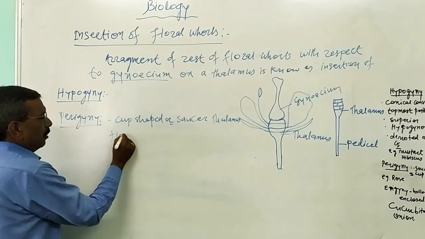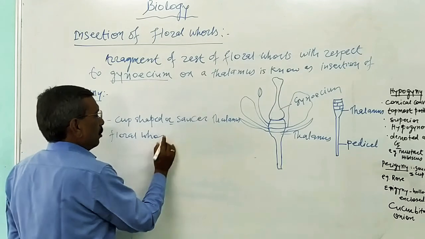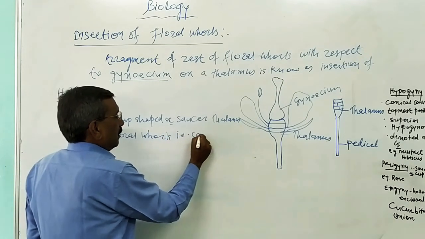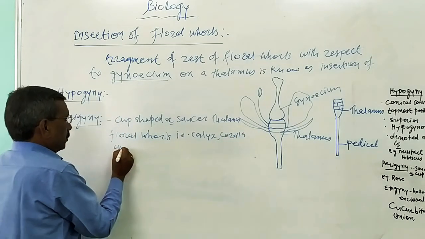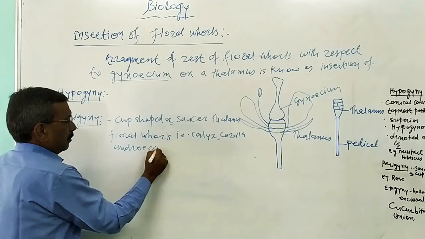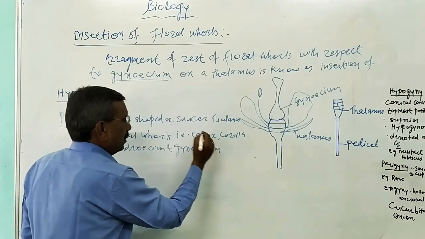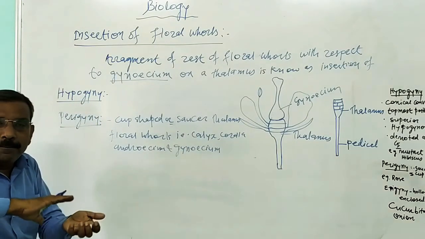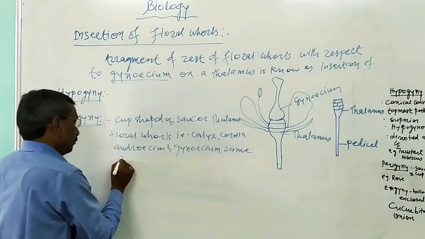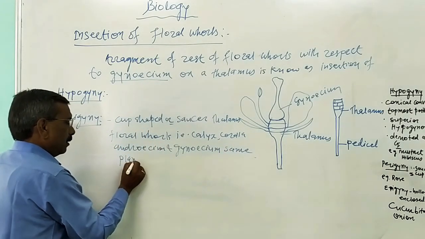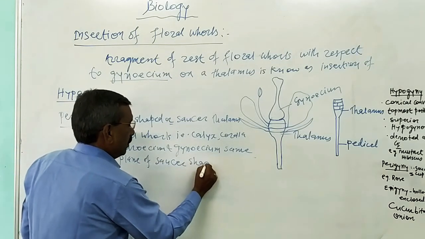Then the floral whorls, that is calyx, corolla, androecium and gynoecium, lie on the same plane of the saucer-shaped thalamus.